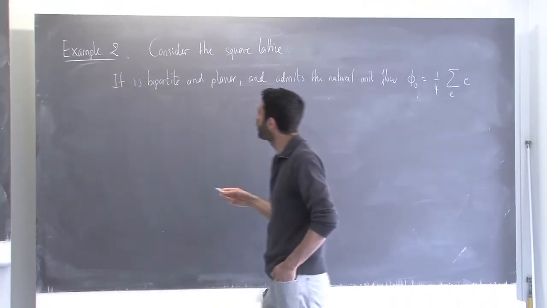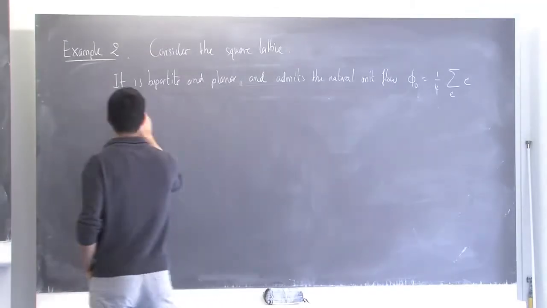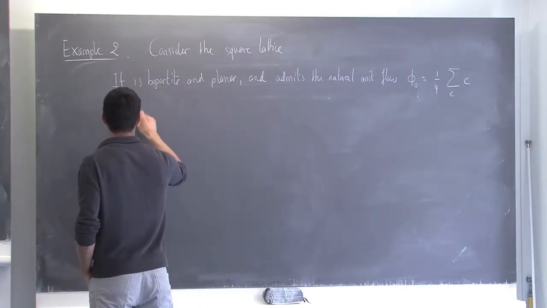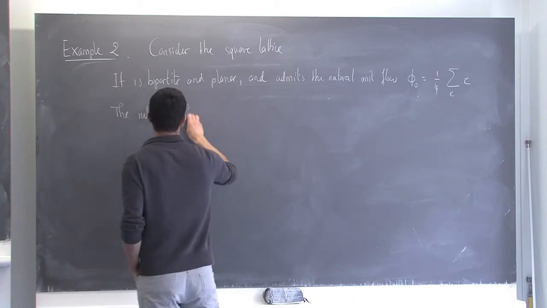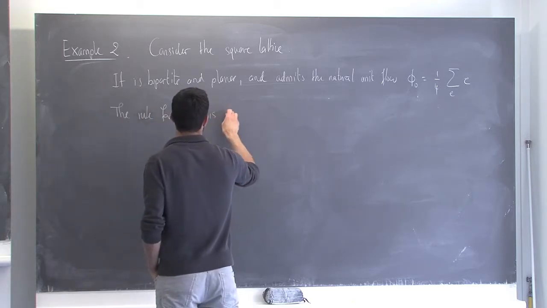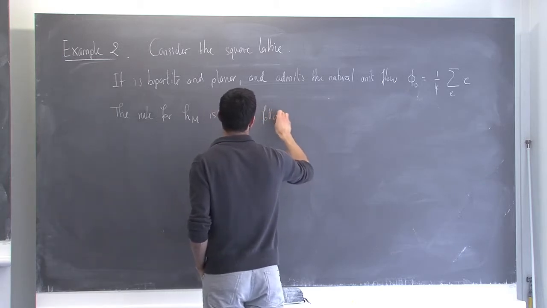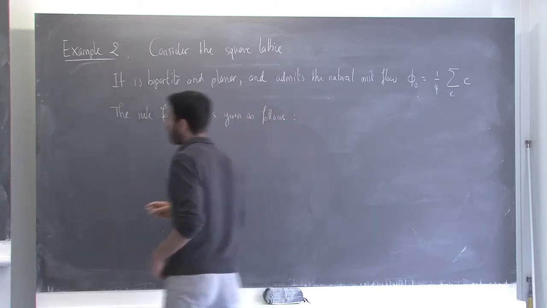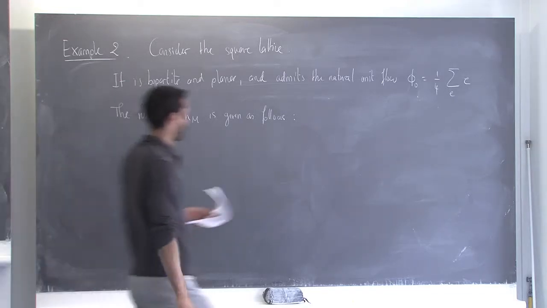So I will just give you the corresponding rule around the dimer. So the rule for HM is given as follows. So again, let me just make sure I get the bipartite structure right.